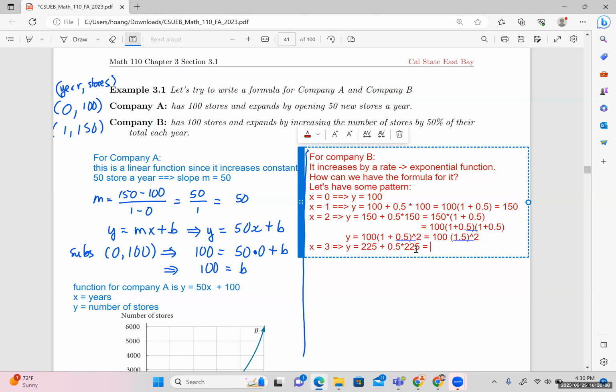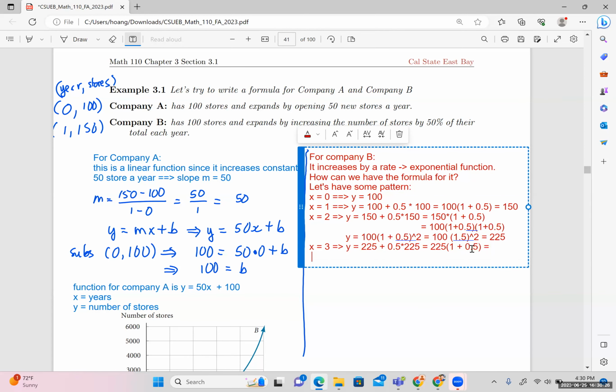And again, I can change it to be, let me write this, 2.5 times 100 times 1 plus 0.5.